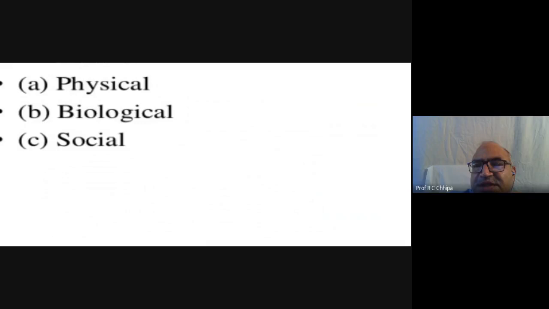The physical component of the environment also includes temperature. Whatever the temperature, whatever the pressure, all of those are related to the physical part of the environment. One more thing is that this mainly depends on the physical constituent of the environment.